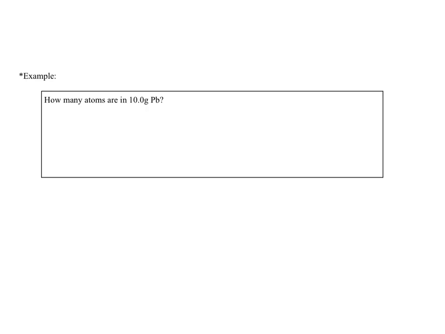All right, so let's go ahead and go through our first example here. So this question says, how many atoms are in 10 grams of lead? So we have a couple of conversions that we have to do. So first of all, there is no conversion that goes straight from grams to atoms. That conversion factor doesn't exist.